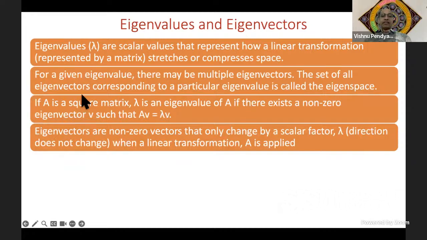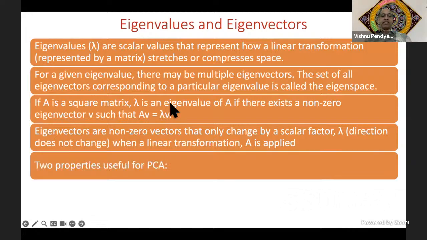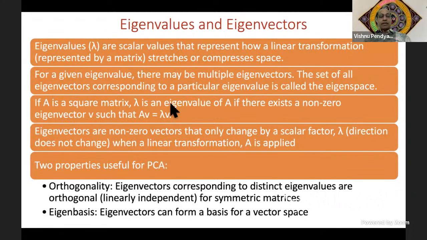And eigenvectors are non-zero vectors that only change by a scalar factor when a linear transformation is applied. That means when a matrix is multiplied, only the vector changes by a scalar factor, lambda. Direction does not change. Now there are two interesting properties for eigenvectors of a symmetric matrix, which are very useful for principal component analysis, right? So first is orthogonality.